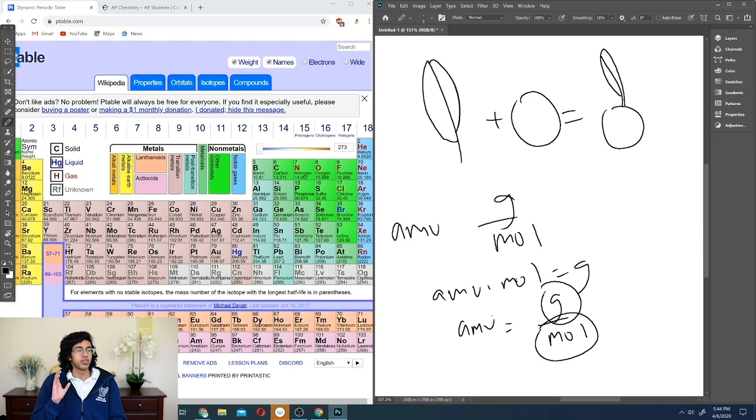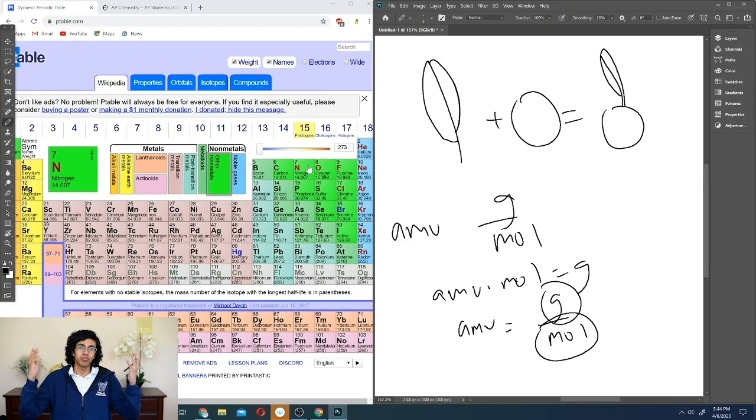So essentially, what I'm trying to say is that you could think of these numbers underneath all these letters as molar mass, right? So the easiest way to think of stuff in AP Chem is just think of it as a ratio of units. So an AMU is a gram over mole. If you want to get from gram over mole to gram, you have to multiply by moles, and that way it just makes your thought process so much easier, because you know exactly what you have to multiply to get your answer.